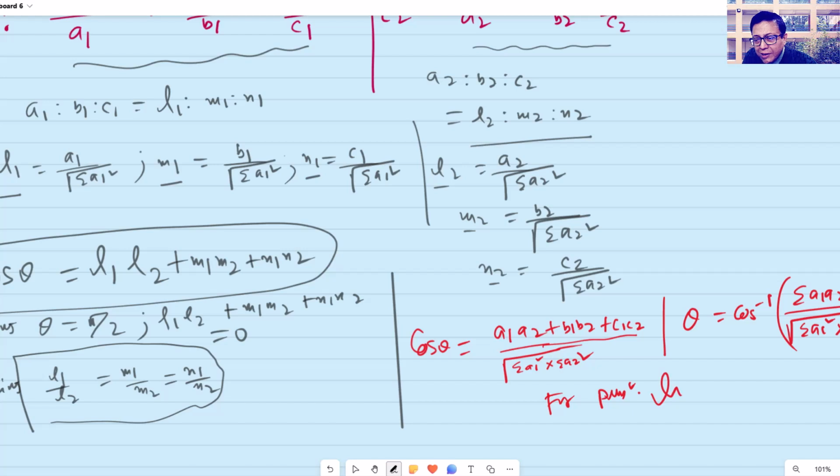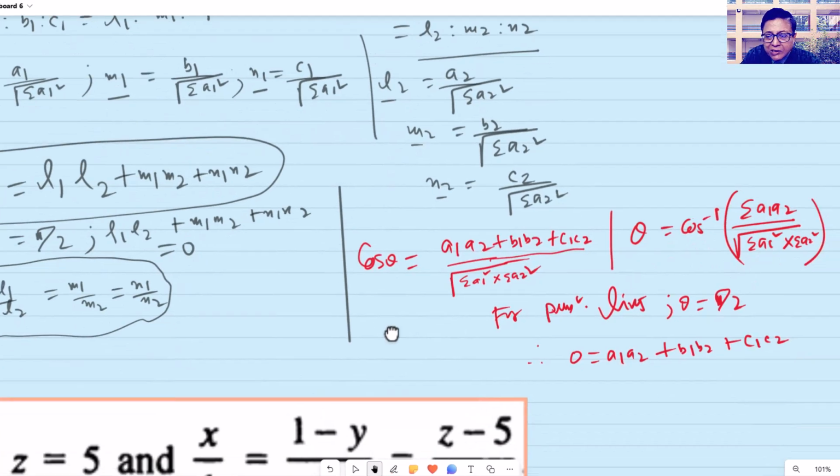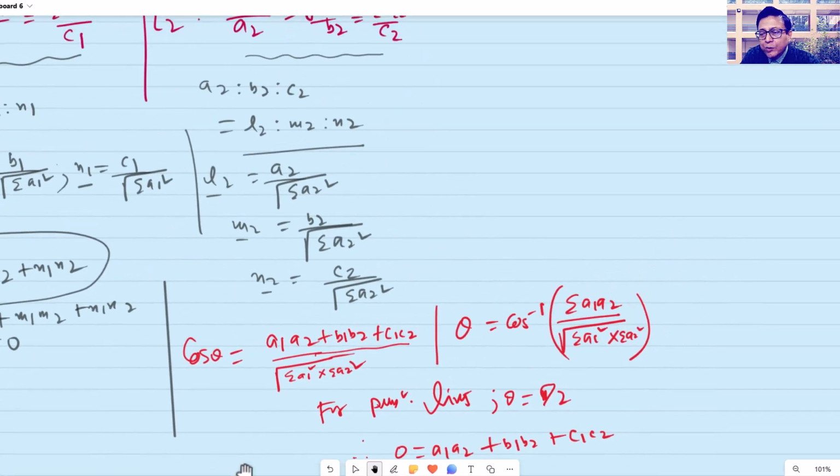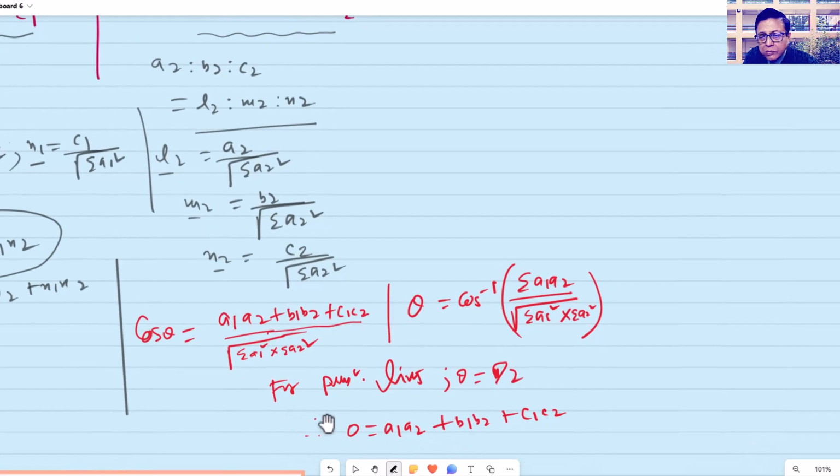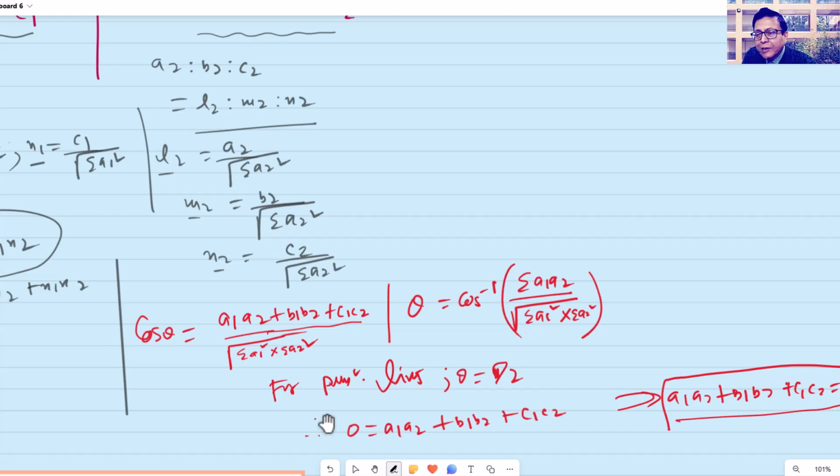For perpendicular lines, theta will be pi by 2, so 0 will be a1 a2 plus b1 b2 plus c1 c2. So a1 a2 plus b1 b2 plus c1 c2 equal to 0 is the condition for perpendicularity.